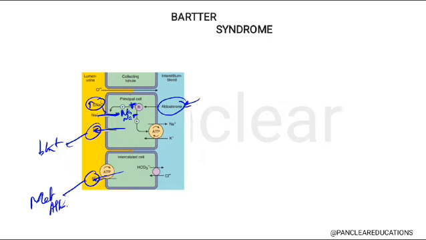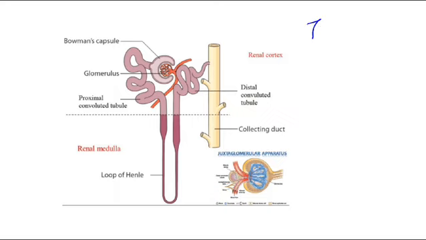One small concept we have to understand is regarding the juxtaglomerular apparatus. In the juxtaglomerular apparatus located over here, this is the afferent arteriole and this is the distal convoluted tubule. Normally, there is going to be sensing of sodium through the same channel which is defective over here.